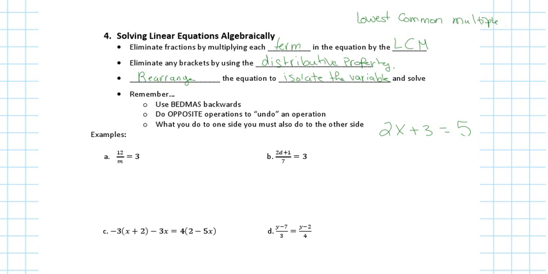Okay, so if I tell you x is 1, what does BEDMAS tell you to do first? To get rid of the bracket? So that means you have to do 2 times 1, right? First. Then, addition. So the first thing I have to do is multiply the 2 times the 1. And then I have to add the 3, right? So with BEDMAS, I have to do this first, then this second, right?